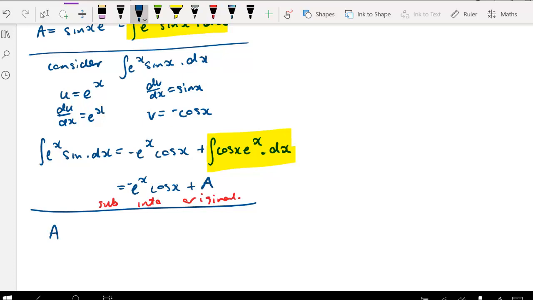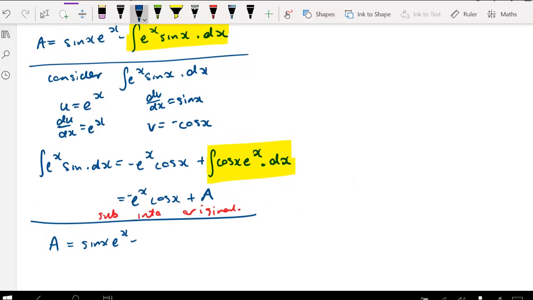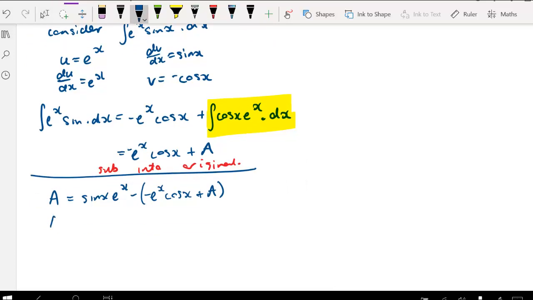And we've got a is equal to sine x e to the x, subtract the integral of e to the x sine x dx, which is negative e to the x cos x plus a. So we've got a is equal to sine x e to the x plus e to the x cos x, and subtract a.